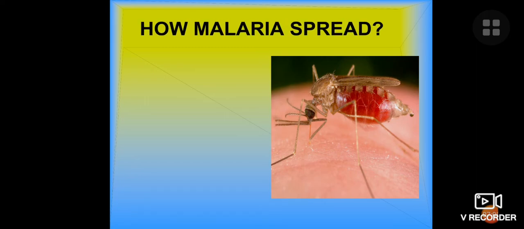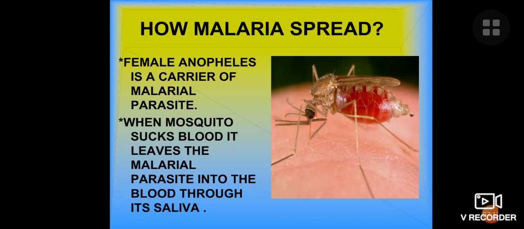And this is how malaria is spread. The female Anopheles is a carrier of the malarial parasite. When the mosquito sucks blood, it leaves the malarial parasite into the blood through its saliva.